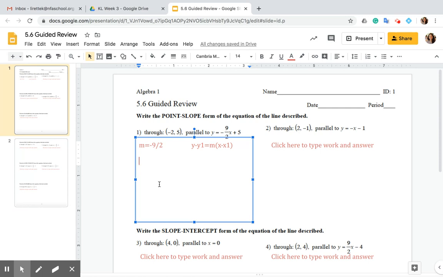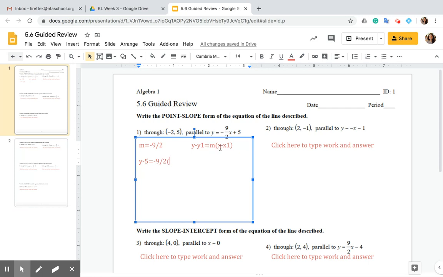I'm going to start by writing my equation, y minus, but instead of y1, I'm going to put the y value from that ordered pair, which is 5, equals, but instead of m, I'm going to use my parallel slope, which has to be the same slope as the original equation.